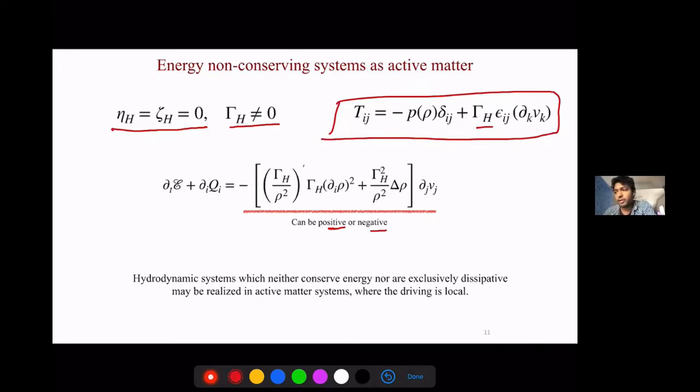Since it's not strictly dissipative or energy conserving, you can intuitively say that systems with this configuration of transport coefficients can only be realized in active matter, which involves local driving. So this already tells you that you can classify systems, whether they come from active matter, a purely dissipative system, or an energy conserving system, by this analysis.